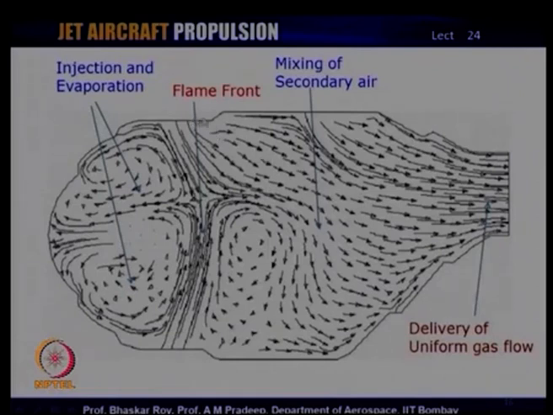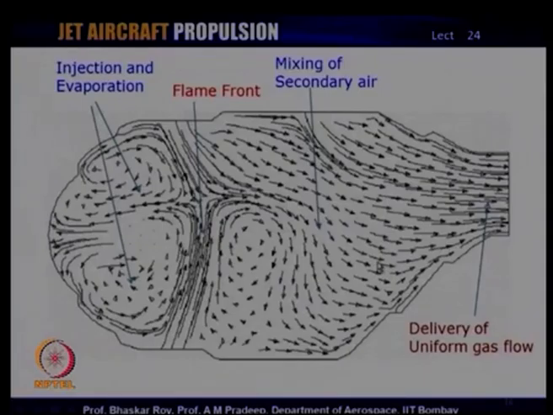Again here they are coming in tangentially and creating a recirculation zone, and they aid the process of mixing of the very hot gas with the cold air, so that by the end of the secondary air zone, the gas has achieved a much lower temperature.